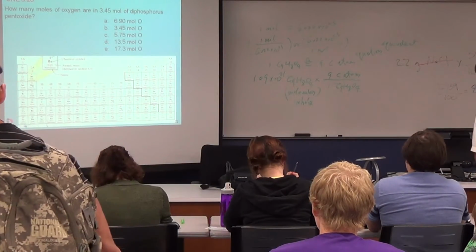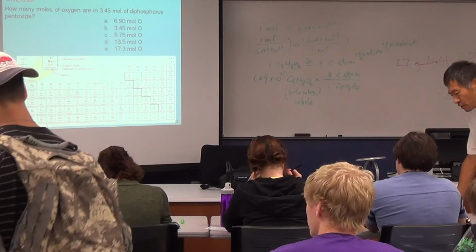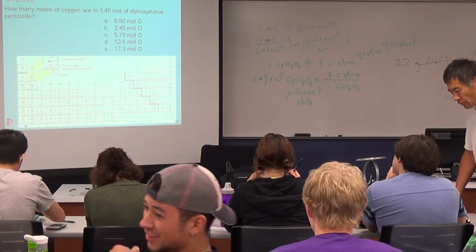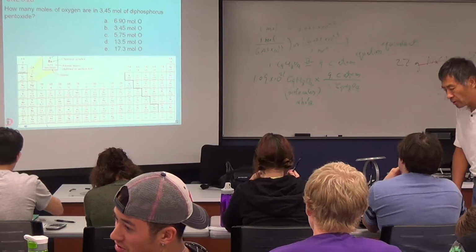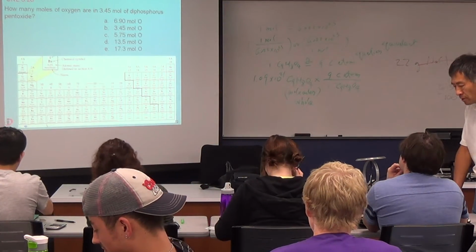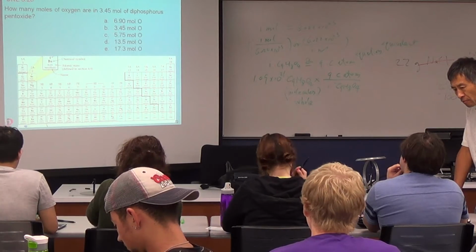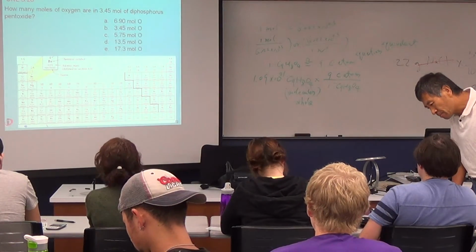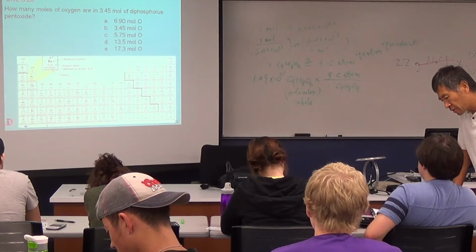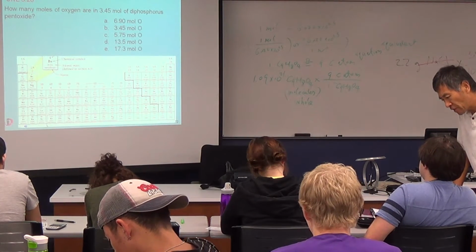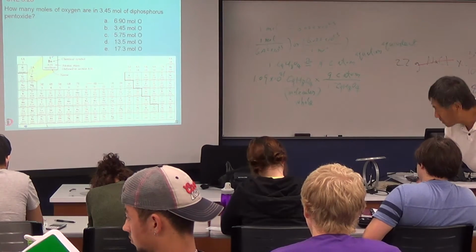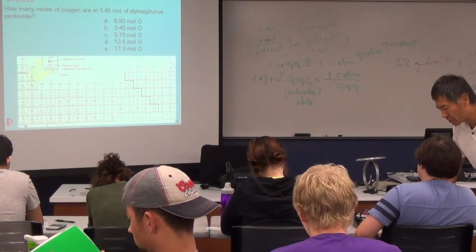Good. So I want to see your work. So where is your equation? You think it's 3.45, right? It's 3.45 more of what is it? What's the compound? Diphosphorus pentoxide. So you get that right? So you want to cancel out that one. You want to find out how many more of oxygen.